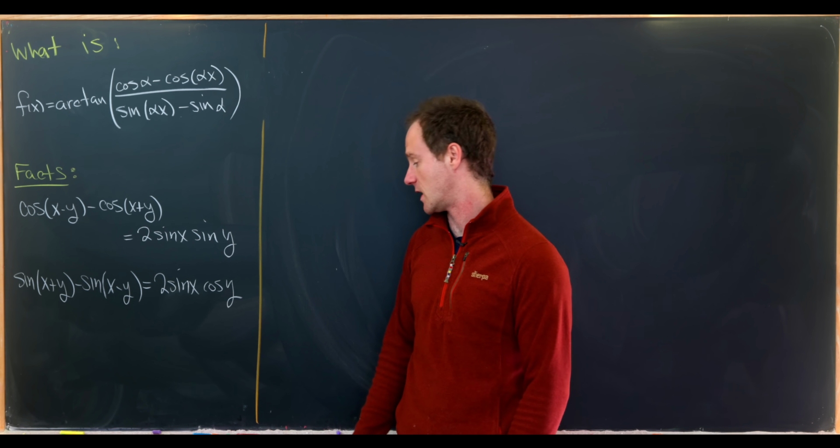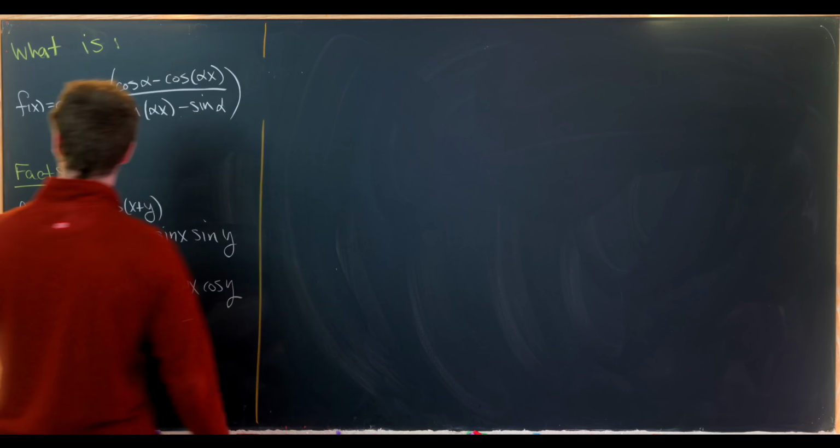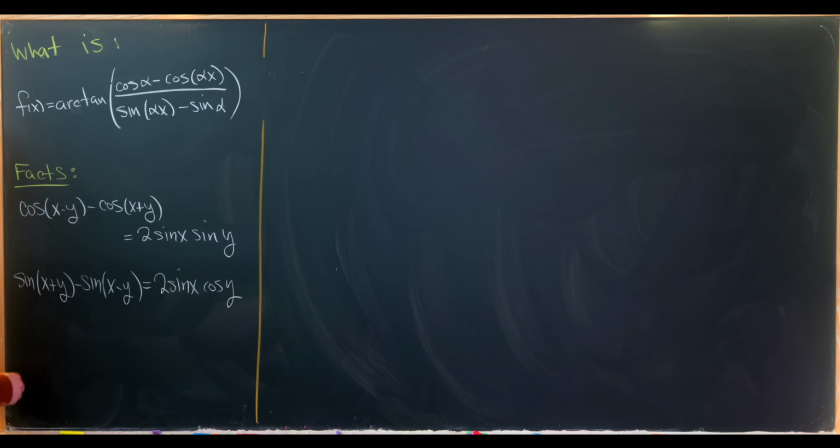x cosine y. Okay, so in fact what we want to do is apply these to our equation up here where we have, let's see, x plus y equals alpha, and then x minus y equals alpha times x. Well, that's for the first one.